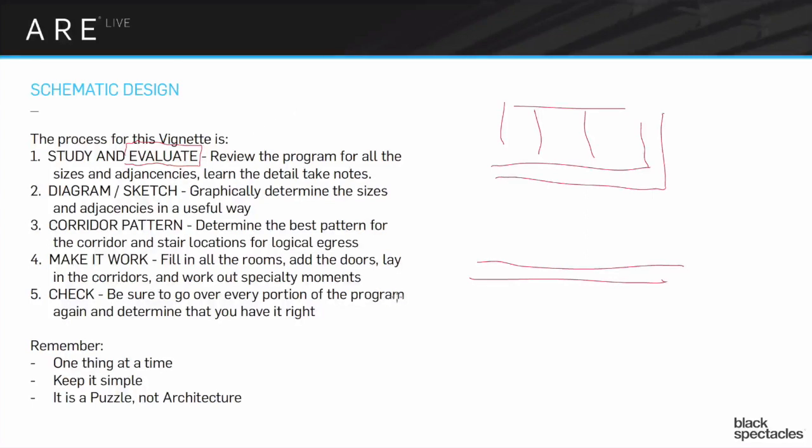And then once you've done that, you've gone through the whole process reasonably quickly, then you go back and check, right? The checking is just as key as anything else, because it's a lot of information. There's going to be a lot of reading, a lot of matching this room to that room.